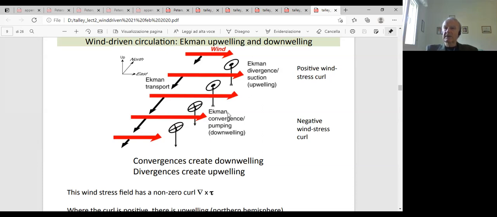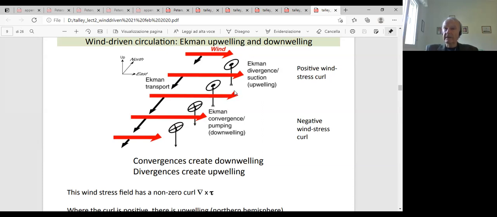So what you see here, in this part here, the wind curl is negative. Here the wind curl is negative, okay? Because you have the reduction of the velocity starting from here to there, and here you have the wind curl is positive.